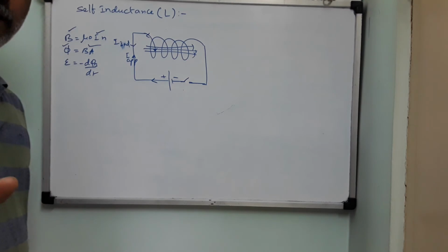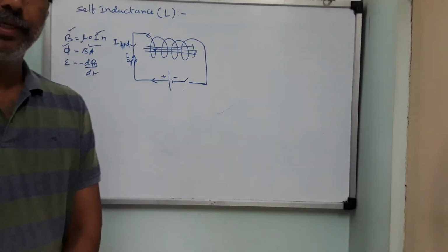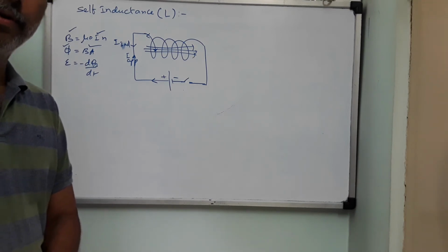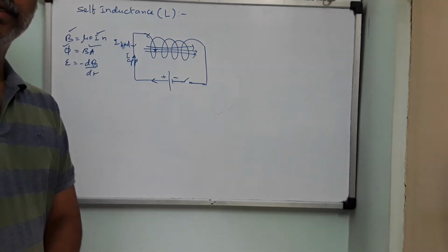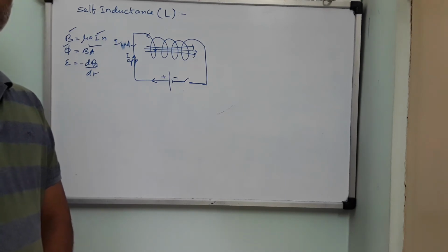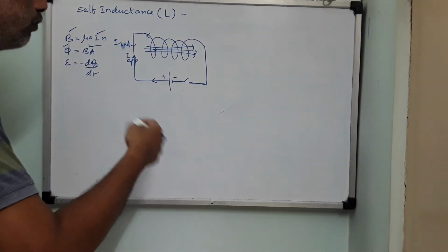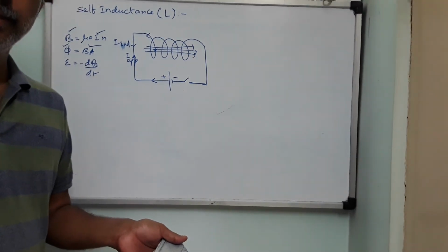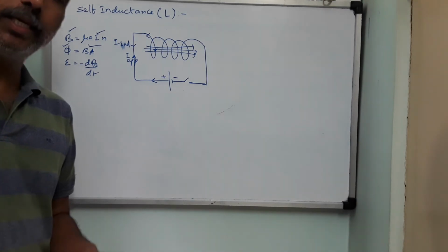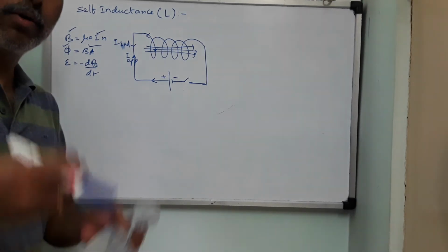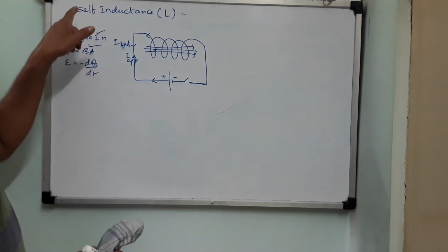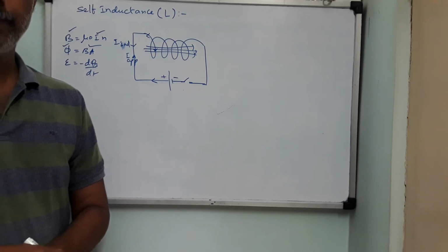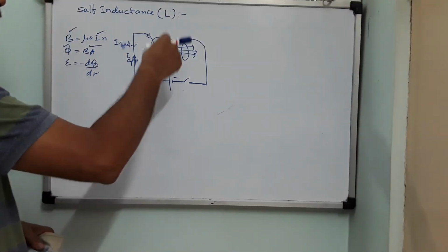Self-induction is different, self-inductance is different. Self-induction is a phenomenon in which a coil induces EMF due to change in the magnetic flux linked with it. How much this induction will take, it's a phenomenon, it doesn't have any unit or measurement. How serious, how vigorous, how great or small this induction is will be measured by a quantity, that is self-inductance.